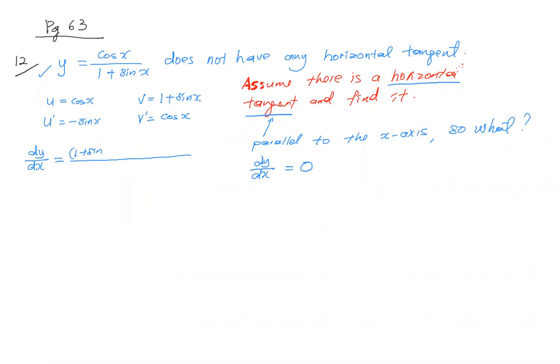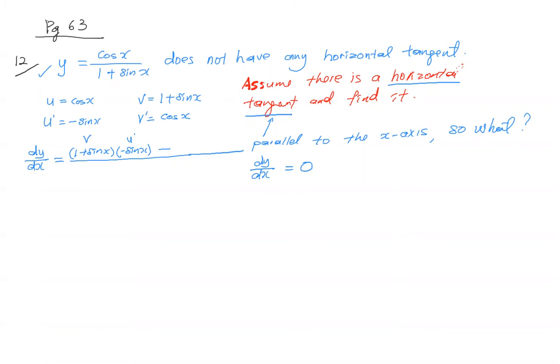No. It should be U prime V. You cannot change the order. I just told you the order must be the same. You cannot change the order for the quotient.